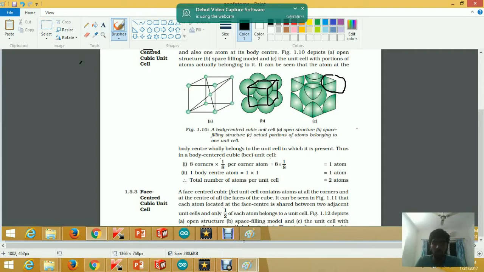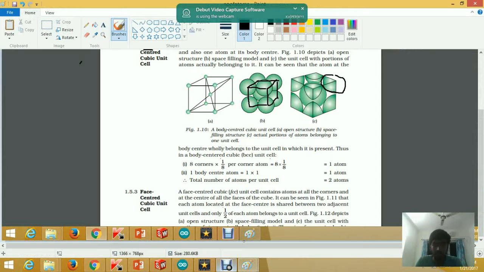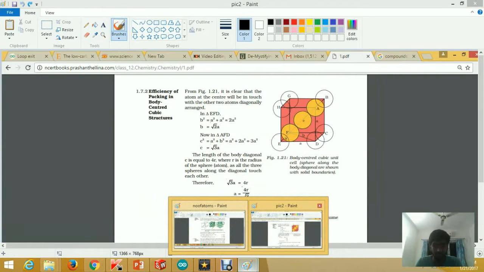Often in our high school calculations, we might be interested in knowing the packing efficiency, or rather to find out how much space has been occupied inside this cubic unit cell. So let's try to find out the packing efficiency of this particular lattice.